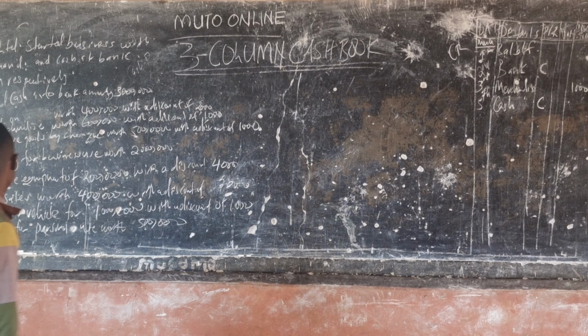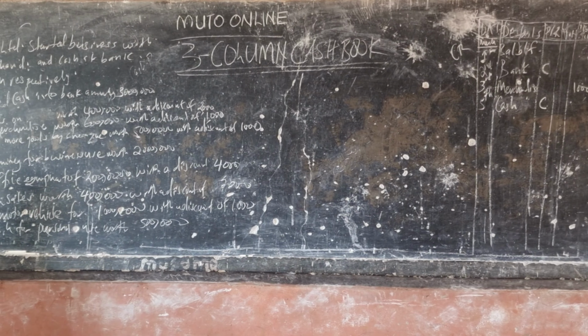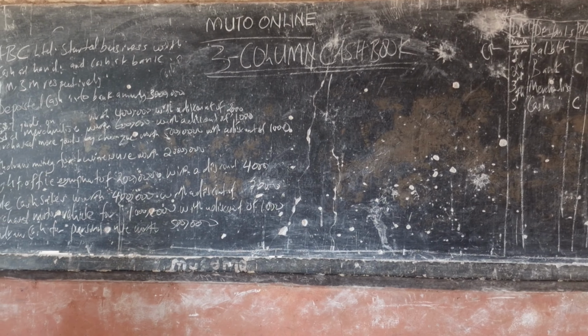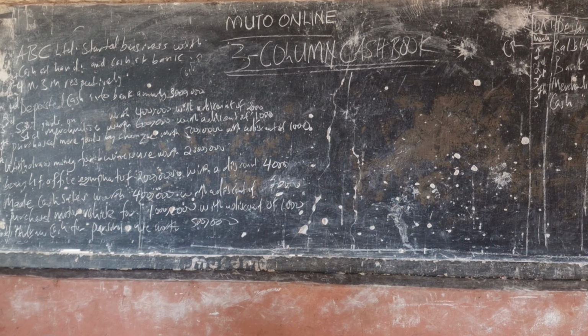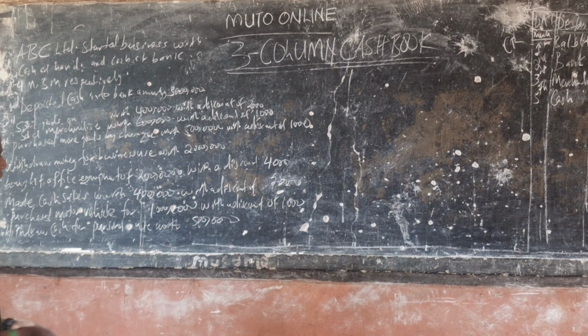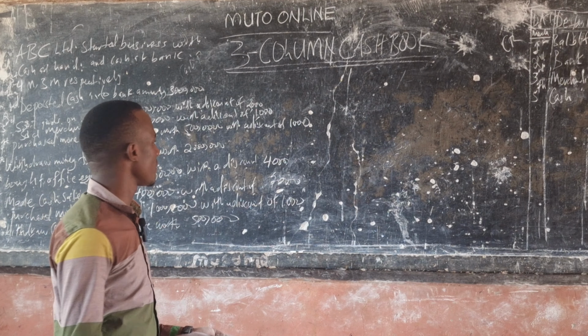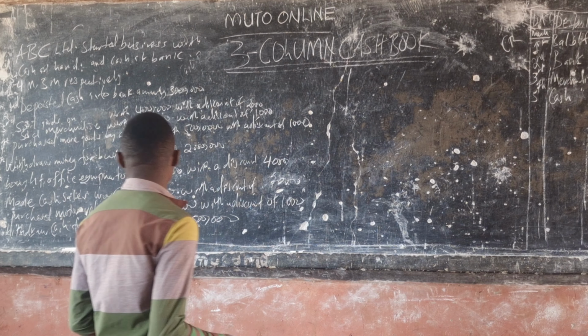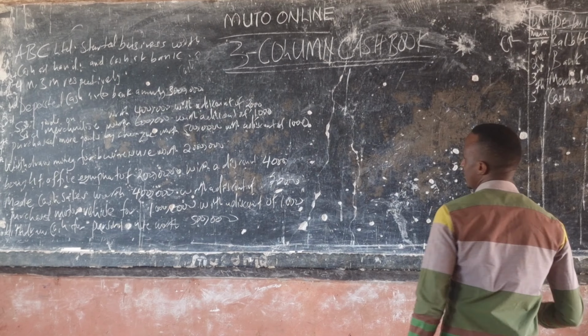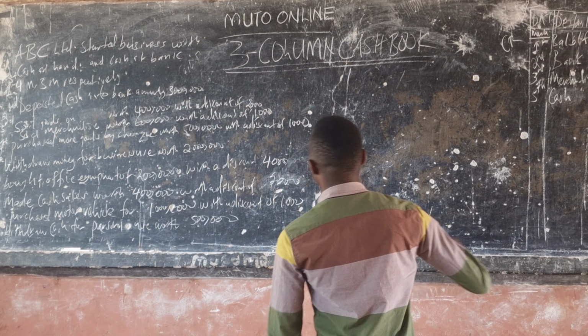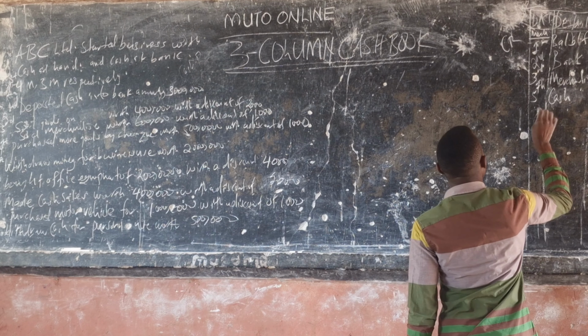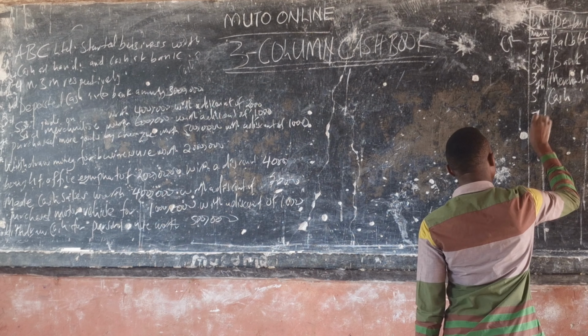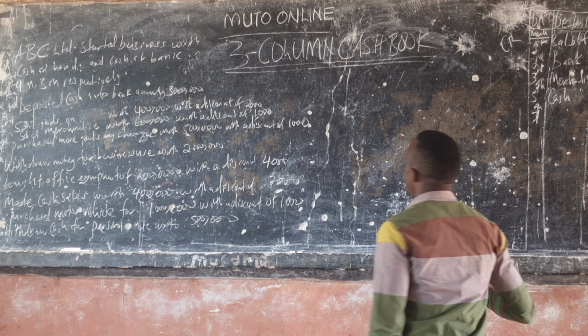And then the next transaction, made cash sales. Cash sales worth 400,000 with a discount of 7,000. I've told you that cash sales are recorded on the debit side.